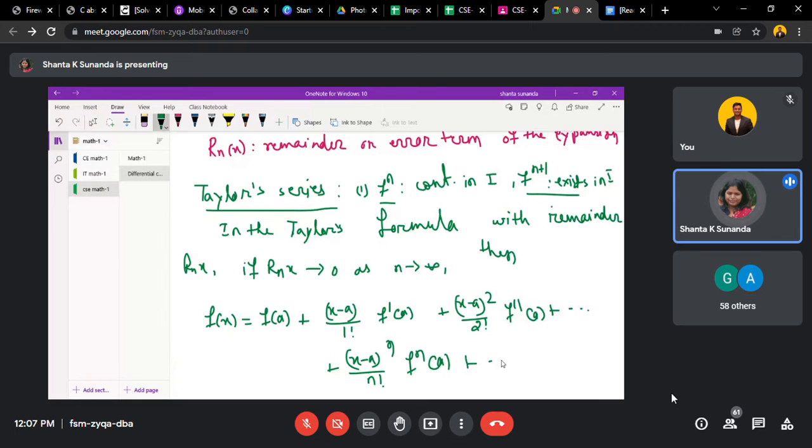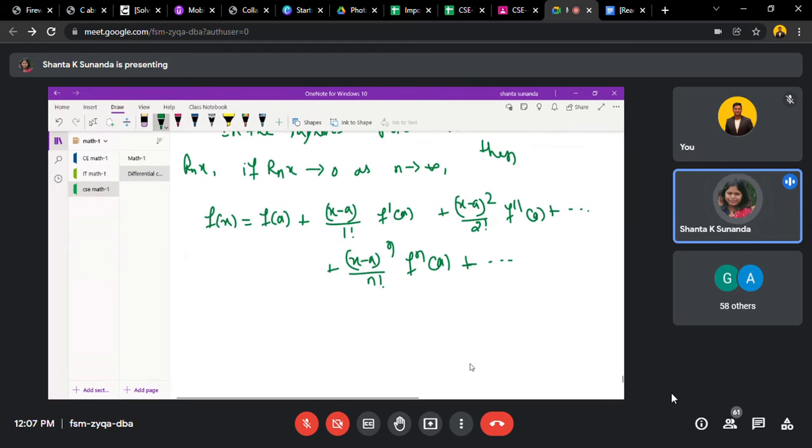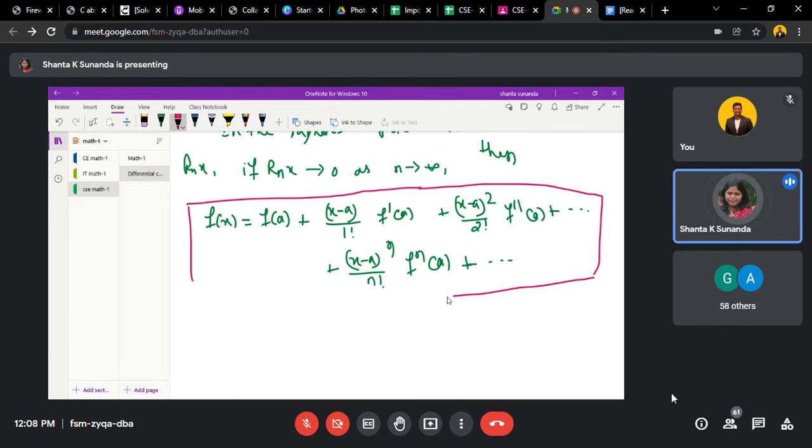Since the remainder is approaching 0, this is known as the Taylor series, the Taylor series expansion of f(x) at the point a. And this is called the Taylor series.